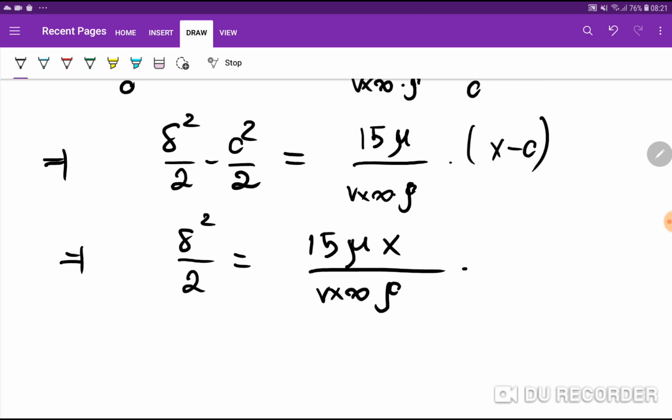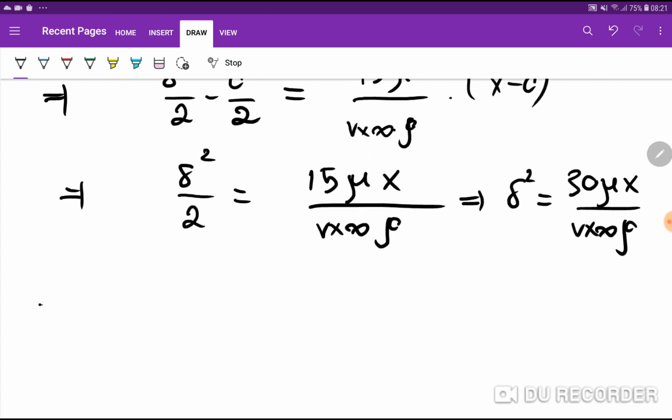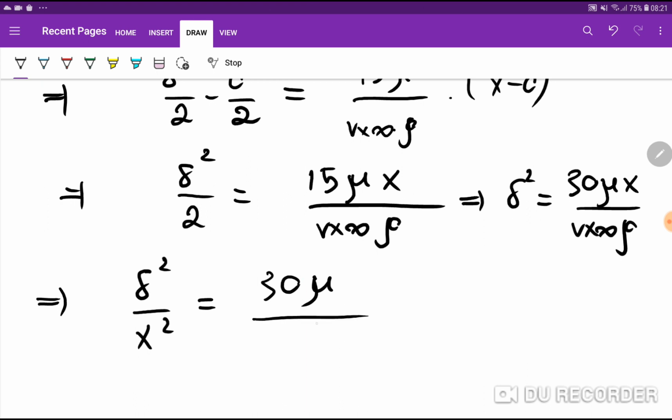I'm gonna multiply by 2 on both sides, so you get δ squared equals 30 μ x over Vx infinity times ρ. I'm gonna divide by x squared on both sides, so I get δ squared over x squared equals 30 μ over x times Vx infinity times ρ. Look at this term on the right. I'm gonna do some transformation.